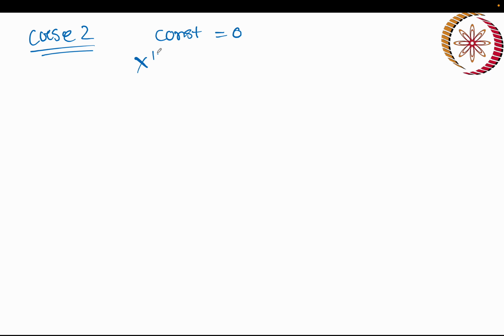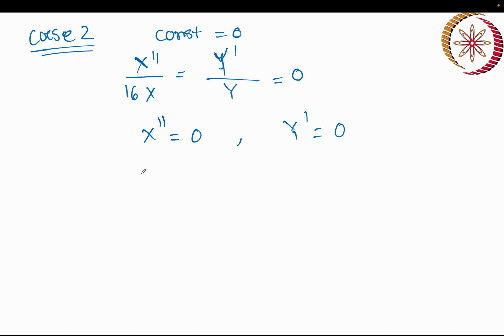So x double prime 16x is equal to, let's say, y prime by y is equal to 0. So in that case what we'll get is x double prime is equal to 0 and y prime equal to 0. So if this is the case, x is equal to, let's say, c1x plus c2 and y is equal to c3.